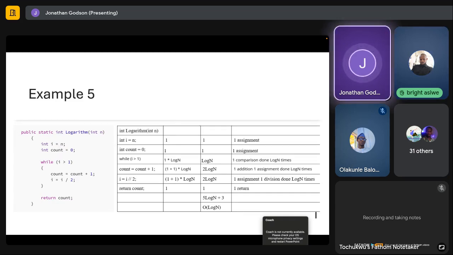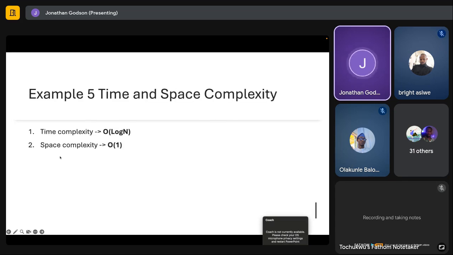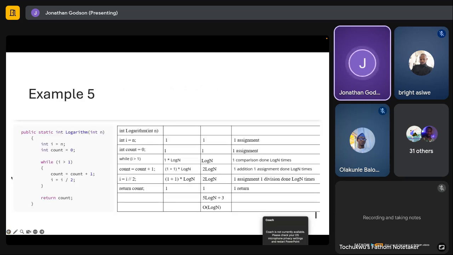It's not going to be O log n, if I get it correctly. Why is it O log n? Remember, O log n is more efficient than O of n. I want to make that clear.